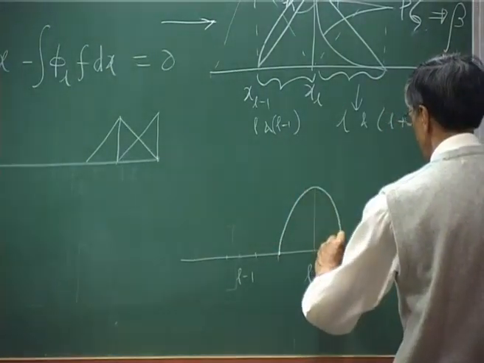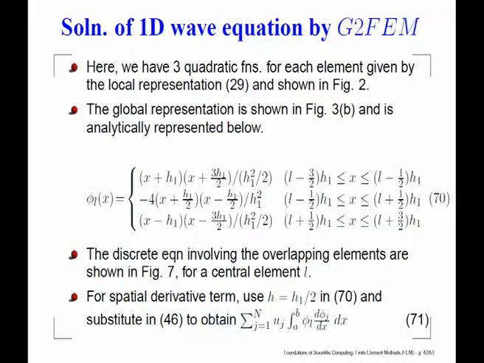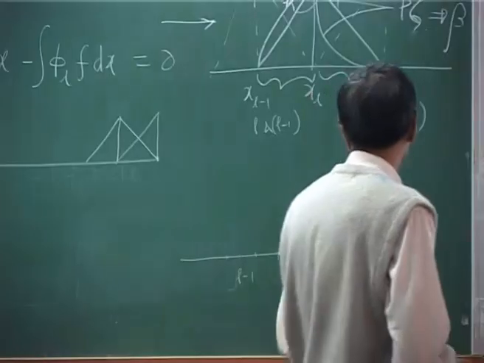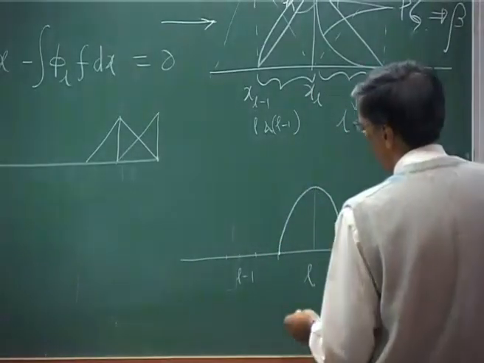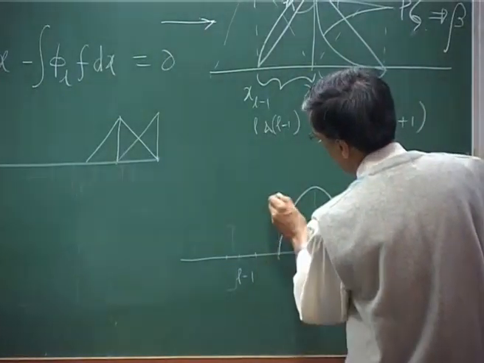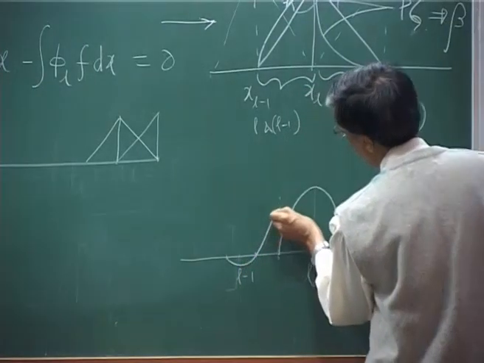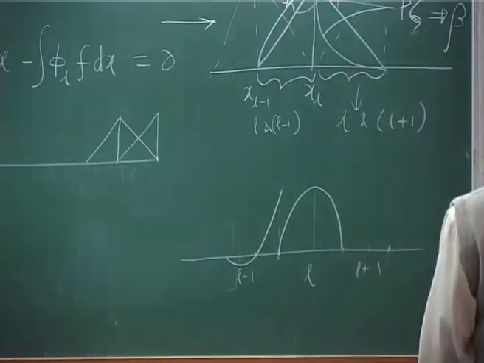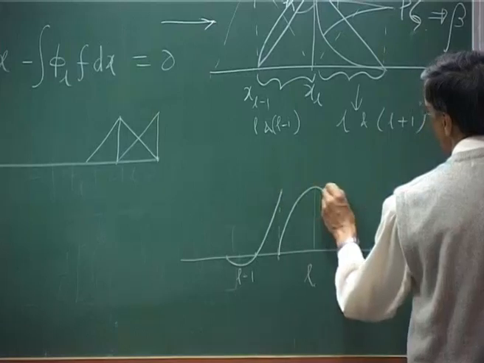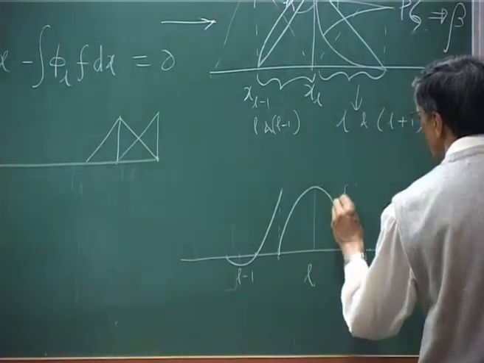So, what happens is the Lth node is defined into three parts. One is this part, right, that is given by this middle equation here. This is the part that I just now drew, and the other part would come from here. This will be like this, and here we will have the third part, which will come like this.